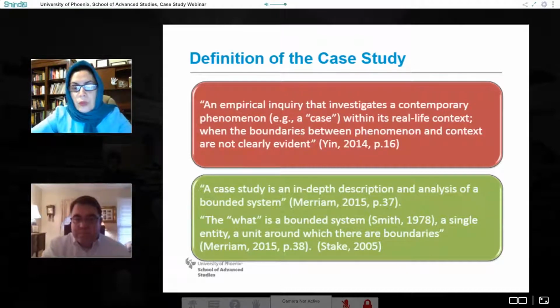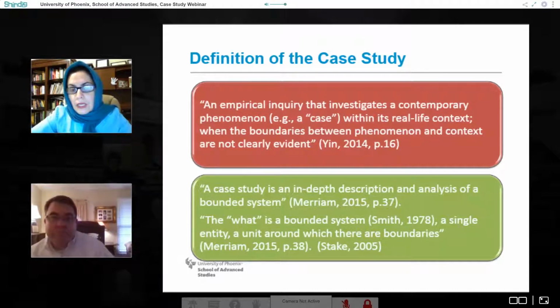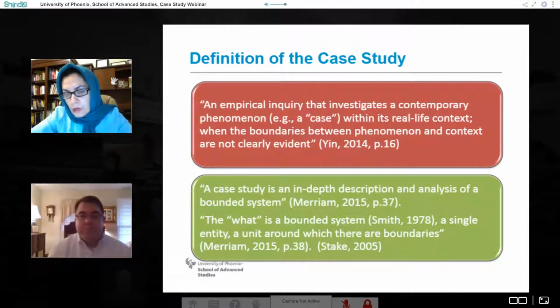So I just wanted to point out that Yin and Merriam and Stake have a little bit of difference when it comes to having a clear-cut boundary around the case or not. That's their slightly different opinion.